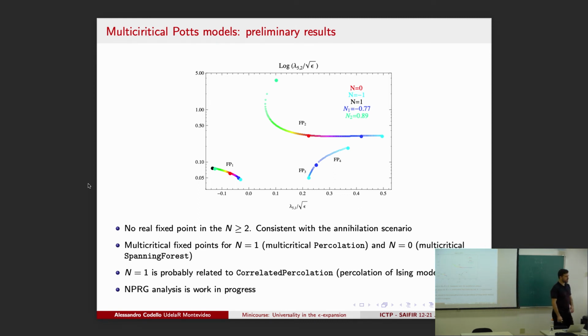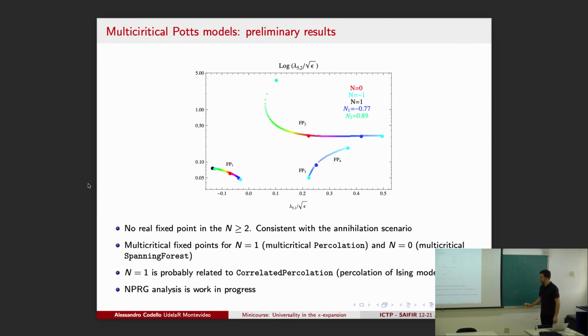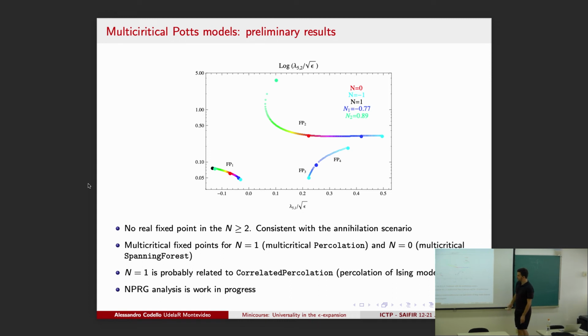It's clearly not conclusive, but it would have been more problematic to justify a fixed point for 2 components with multicritical S_N symmetry, S3 symmetry, and it's not there. But we have a multicritical point with percolation or spanning forest. So these are probably related, and actually it's an open problem to understand. This is one of the most interesting open problems for me.